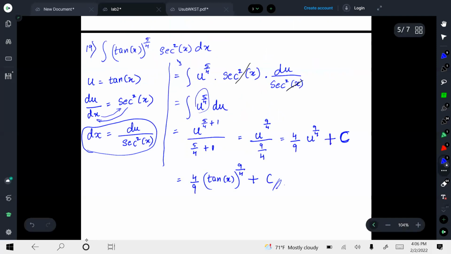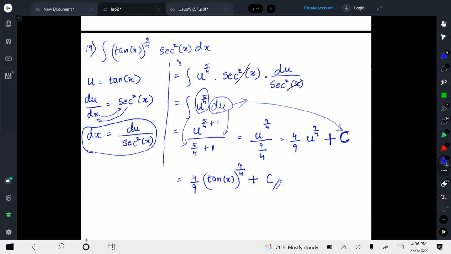So when you solve u to the power of 5 by half, this integral and this will get cancelled. Okay, so when you solve the integral, when you use the formula, when you remove the integral part, this goes with it. So you are not supposed to write du with this. Okay, and that's the reason we write c here. Okay, got it. Thank you.